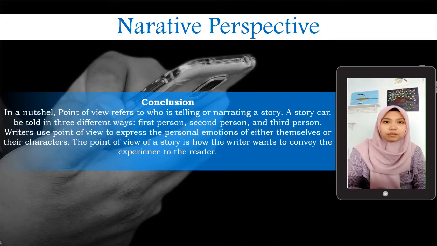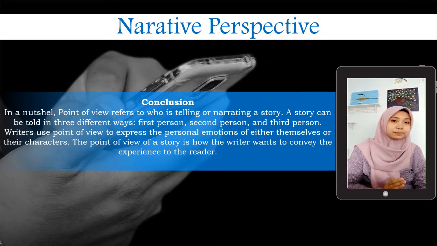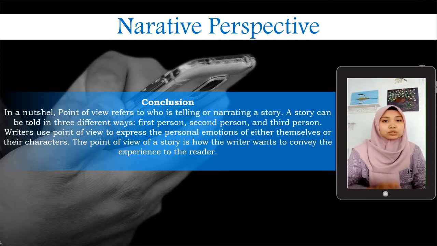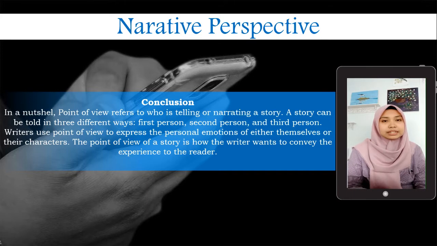But if the author changes the perspective, it will break the attention of the readers or the listeners. So, point of view is divided into three types: first person perspective, second person perspective, and the last is the third person perspective. From these three perspectives, we can see how the author conveys their story.